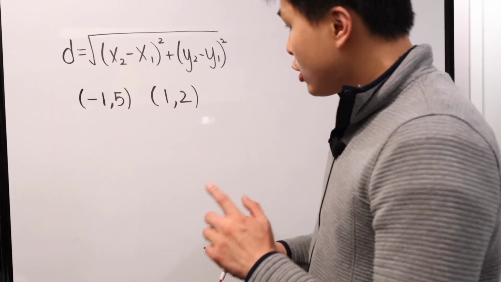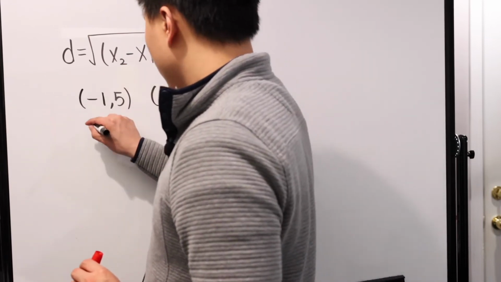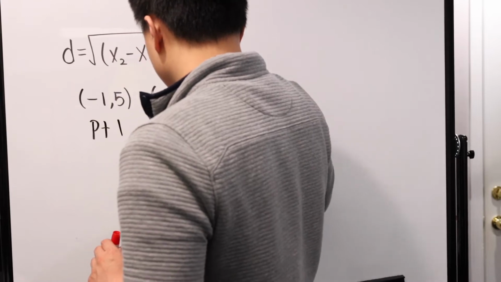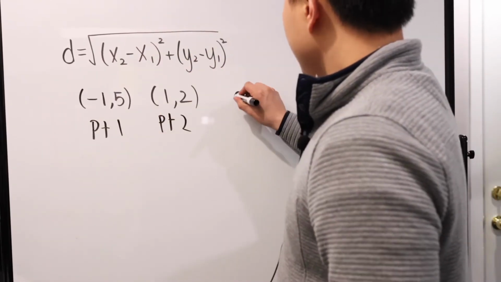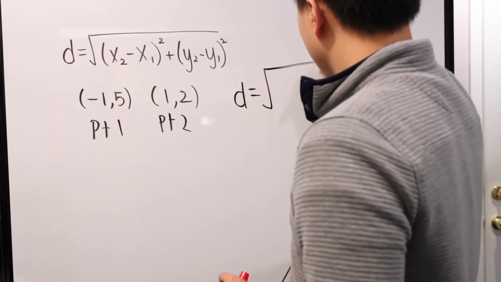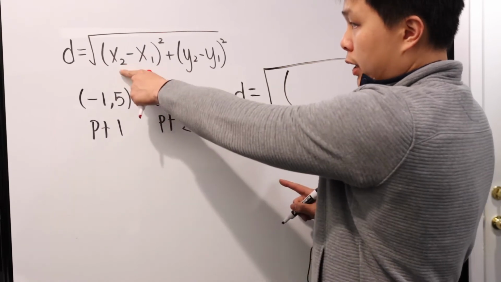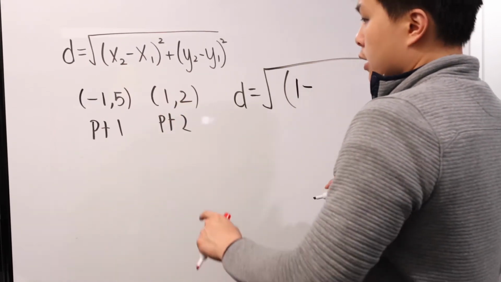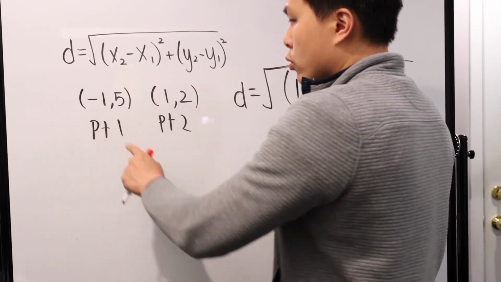All right, so let's look at this one. We have 2 points right here. Let's just call this one point 1 and this one point 2. So using the distance formula is actually fairly simple. D equals the square root of x2, let's look at point 2, the x coordinate is going to be 1, subtract the point 1, because we want x1, the x coordinate is going to be minus 1.